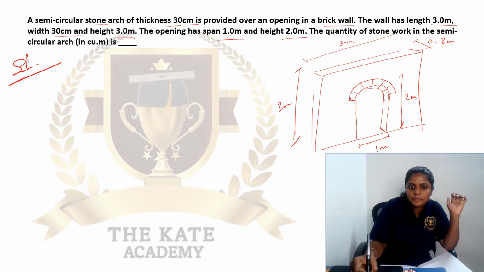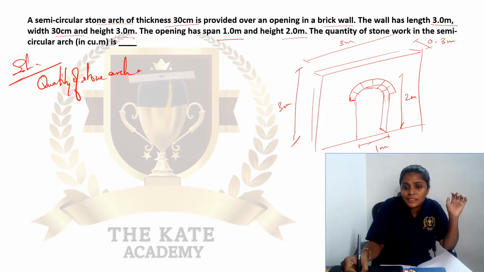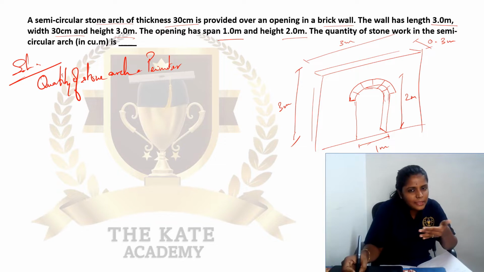Solution is quantity of stone arch is equal to, that is the perimeter. You can also consider it as the length because that's what we do know, length into breadth into thickness. So you can take it as length.